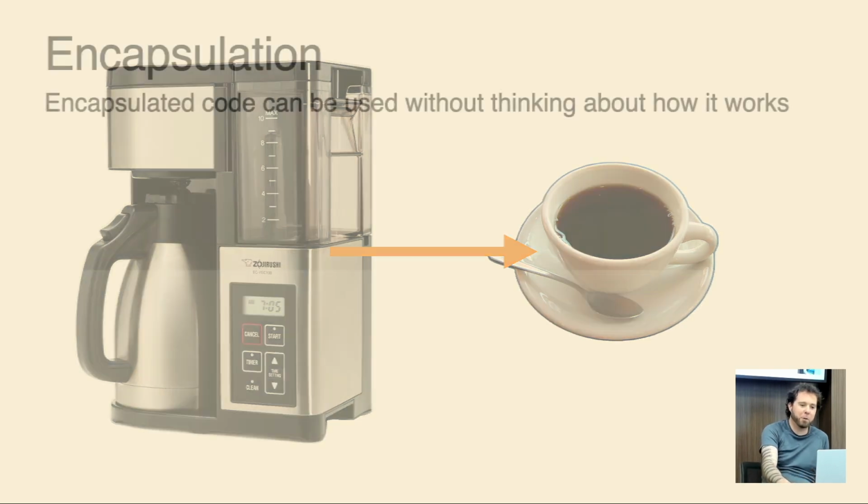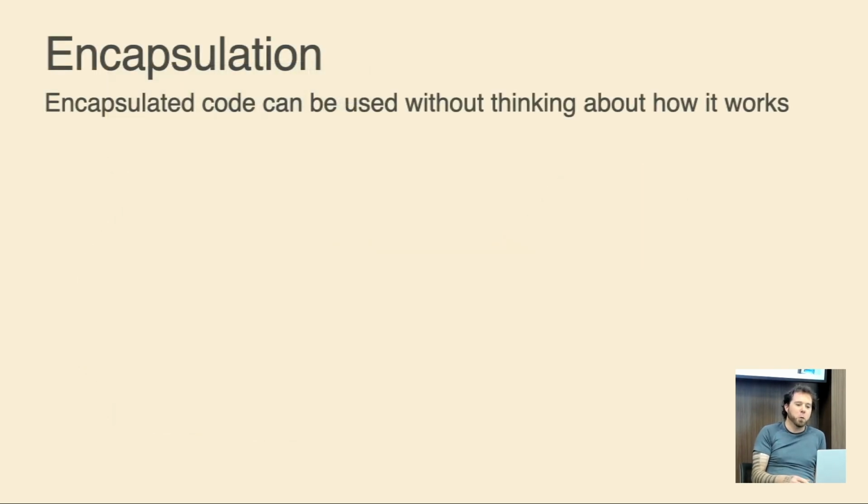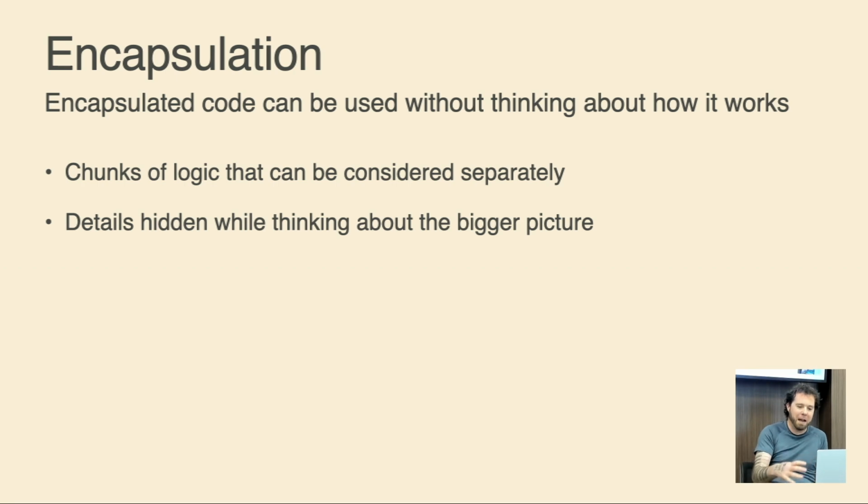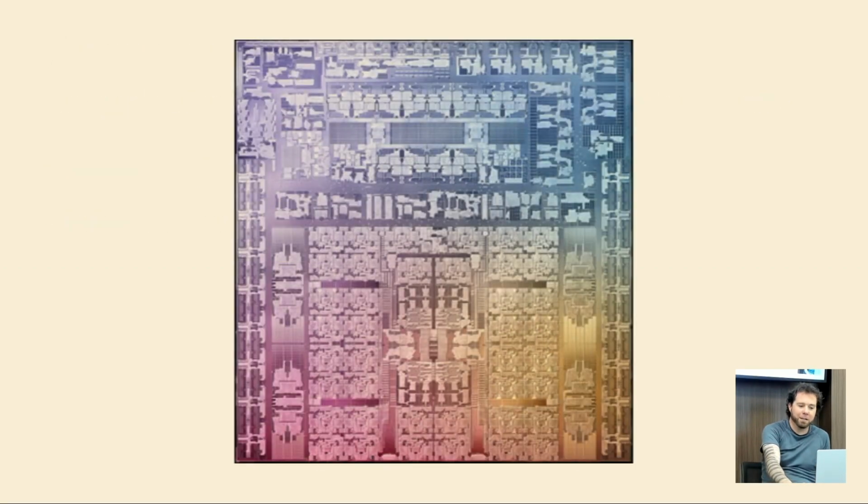Similarly, encapsulated code can be used without thinking about how it works. You can use this to make chunks of logic that you can think about separately from each other, or you can figure out details and then hide them in wrappers, scripts, and custom functions while you're free to think about bigger picture concerns. That's encapsulation.